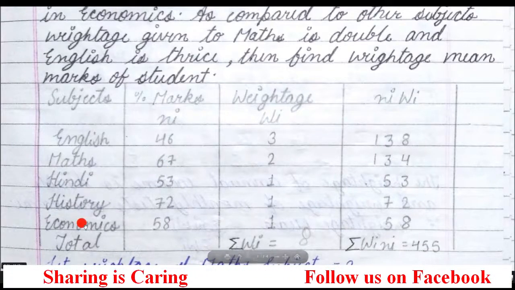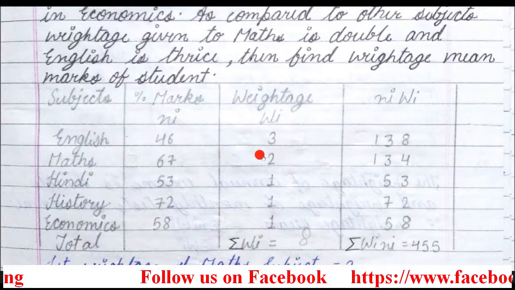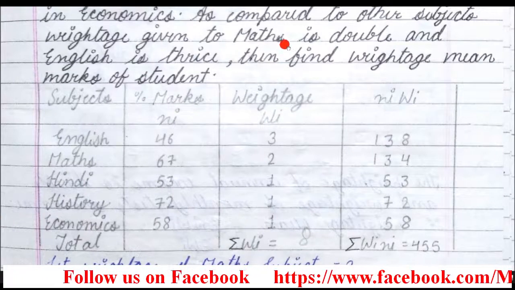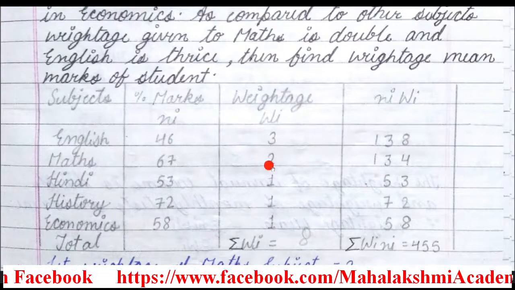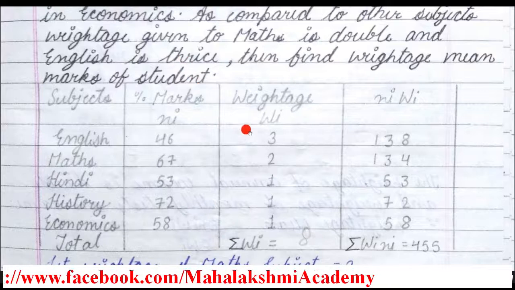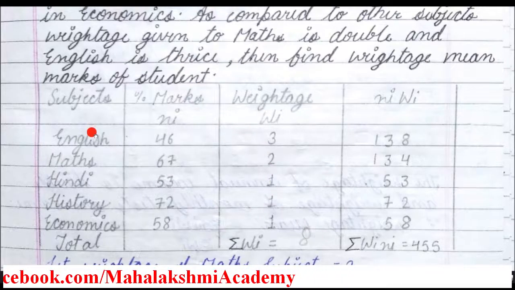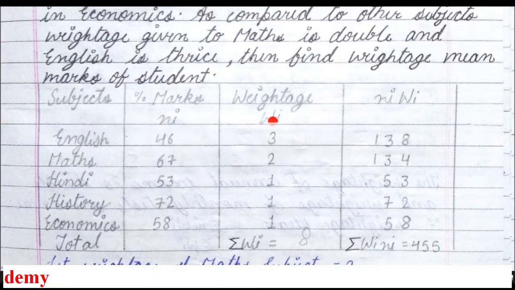Hindi, history and economics, we gave the weightage as 1, 1, 1, and because the weightage of maths is double, that's why maths weightage is 2, and weightage of English is thrice as compared to the other subjects, that's why English weightage is 3.